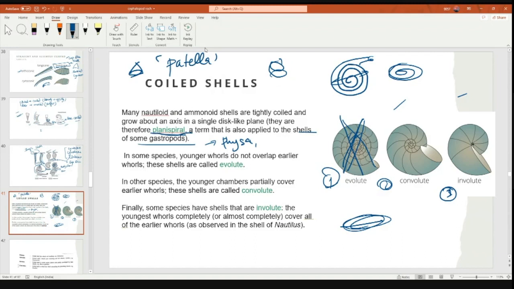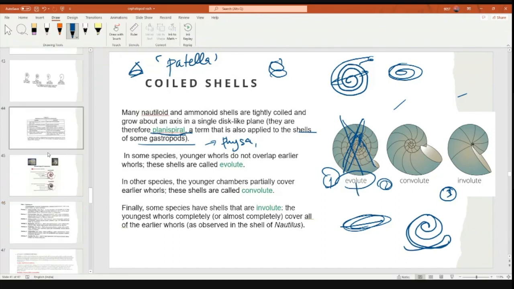Then this is the evolute. So what is evolute? In some species, the younger wall does not overlap the earlier wall. It means they are not overlapping, so it will be quite loosely coiled; they are not touching each other. But in this image you can see they are all touching, so this will be wrong. This image is correct, this is also from the book.